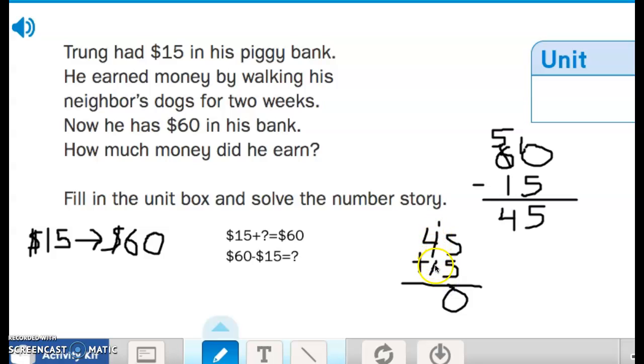And 4 plus 1 is 5, plus 1 is 6. And so then we get a 6, and there it is, 60 is exactly what he had at the end. So our answer is, how much money did he get? $45. That is the answer.